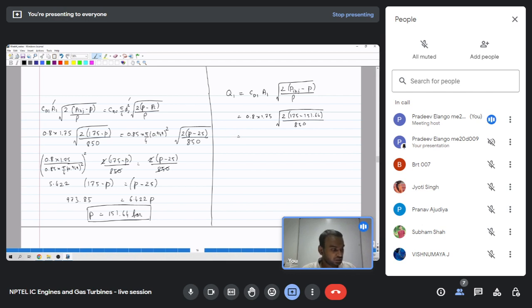So here it's better to have SI units everywhere. To convert the bar into SI units, we have 1 bar equal to 10 power 5 Newton per meter square, and this 1.75 is in mm square, so then we will have into 10 power minus 6.